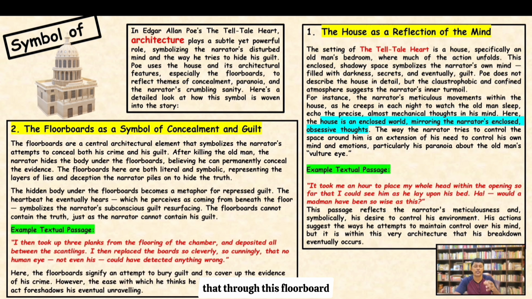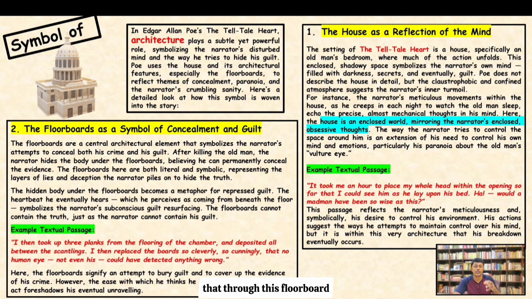If you need a more elaborate discussion, I will give you the sources also, and I am putting this PDF version in the description section, so you can easily download it, print it, and point out those ideas and points. It is not necessary; I'm just telling you the significant points. The floorboards as a symbol of concealment and guilt.